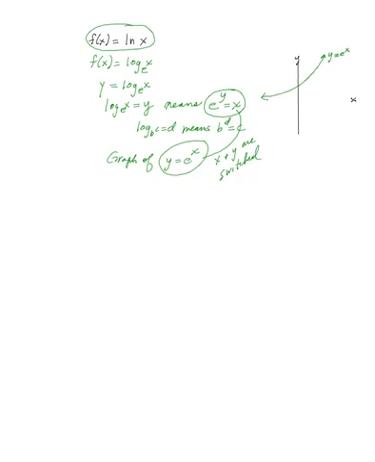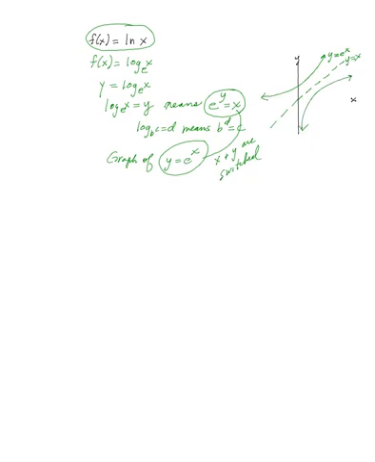Their graphs just have the x's and y's switched. So if you reflect the graph of y equals e to the x about the line y equals x, in other words, if you just switch x's and y's, you get a graph that looks like this.